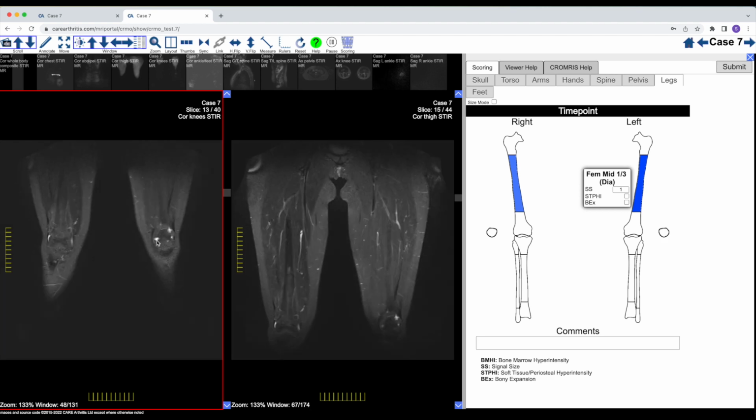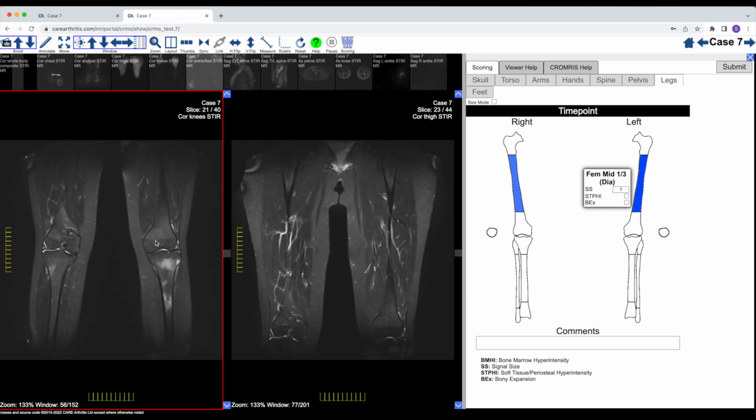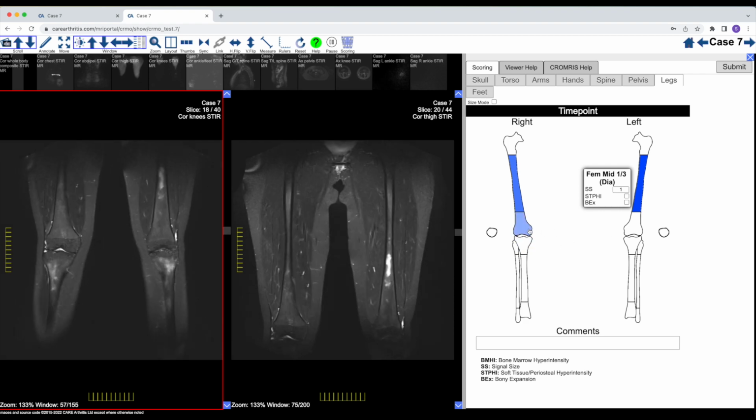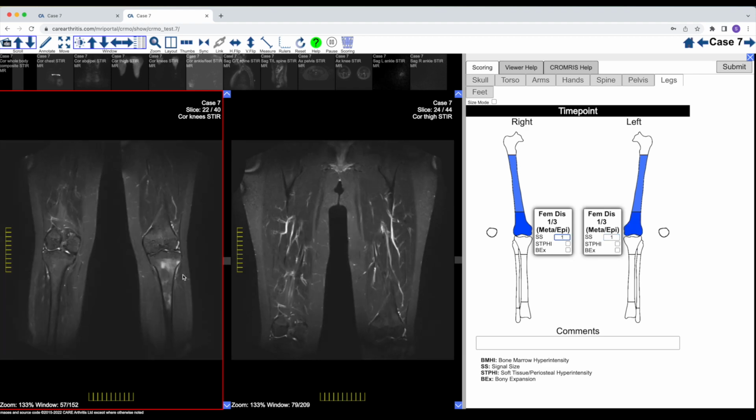Maybe some involvement right there. So for the distal femur, I'll probably give that a 1. Again, no soft tissue, no bony expansion. Give that a 1 as well.